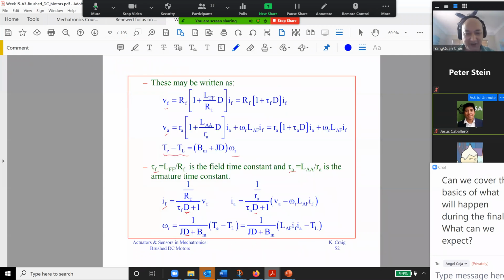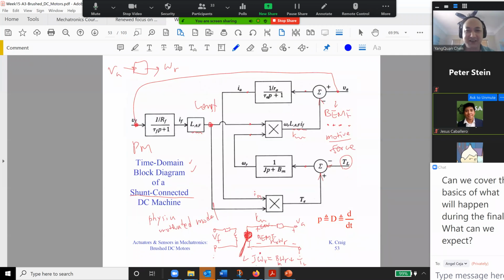So in the end, you are seeing something like this. You have a voltage UF going through like this, then you get a current. The current going through this one, you get flux. The flux times IA, the armature current, gives you a torque, and this is the load torque.